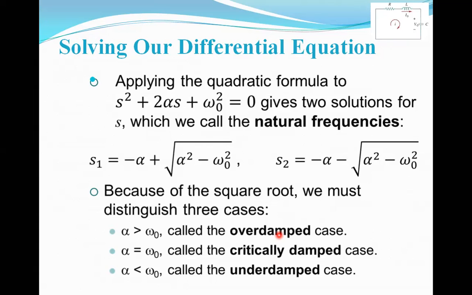Because of the square root, we must distinguish three cases. When alpha is greater than omega naught, called the overdamped case. When alpha is equal to omega naught, called the critical damping case. And when alpha is less than omega naught, called the underdamped case.